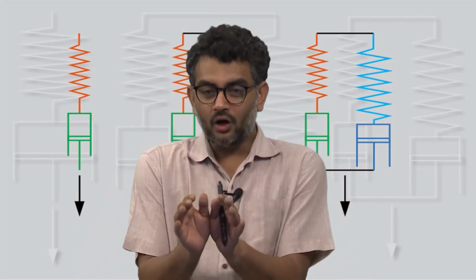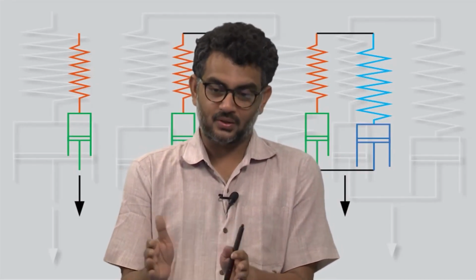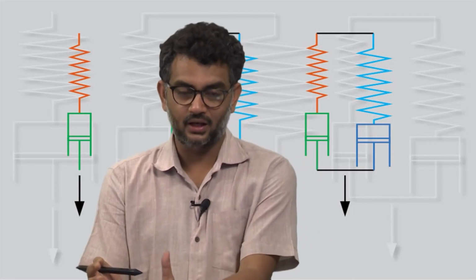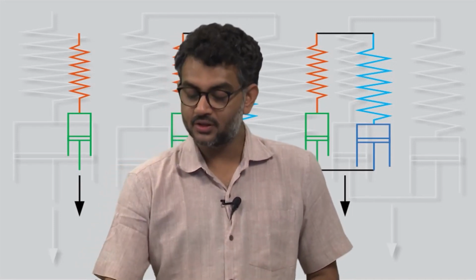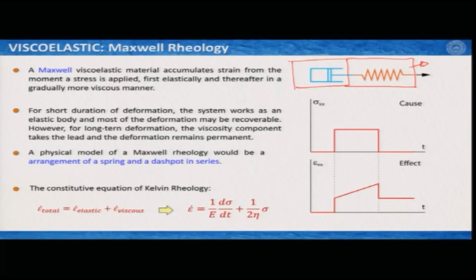This short duration of deformation is in most cases recoverable, because it is independent of the dashpot, and only the spring plays the role. However, for long term deformation, the viscosity component takes the lead, because the viscous material starts flowing through the porous spaces of this piston, and then it remains permanent and you cannot recover it.